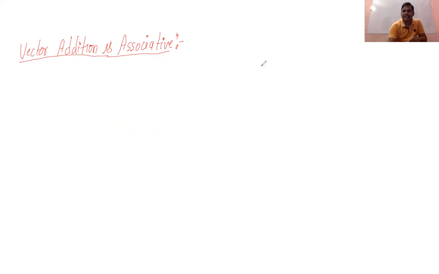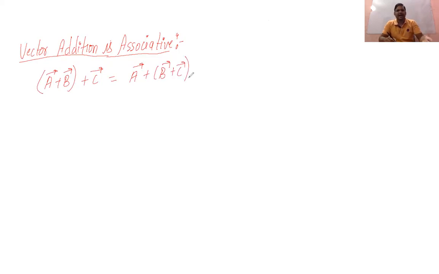Associative means you can understand it this way. If you write A vector plus B vector, and you add the C vector, this is equal to A vector plus the sum of B vector plus C vector. This is the property of associativity.